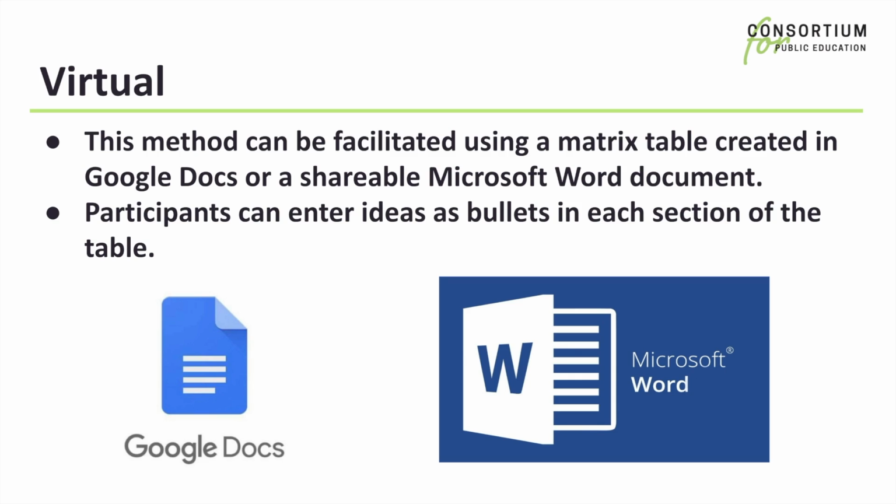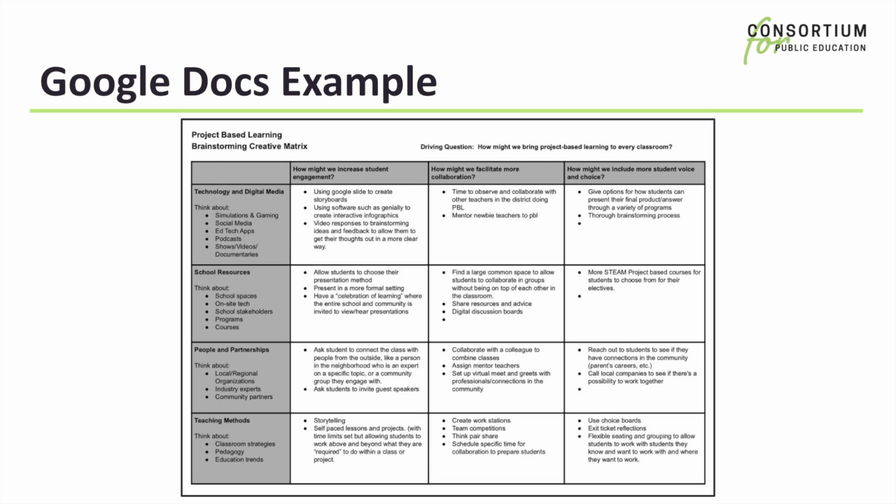If you're working virtually, this method can be facilitated using a matrix table created in Google Docs or a shareable Microsoft Word document. Participants can then enter ideas as bullets in each section of the table. Here's an example of a completed matrix that was also created in Google Docs. Here you can see ideas added as bullets in each of the quadrants.